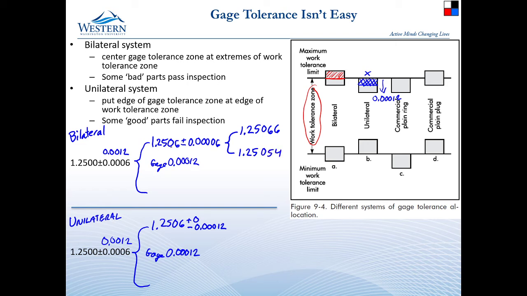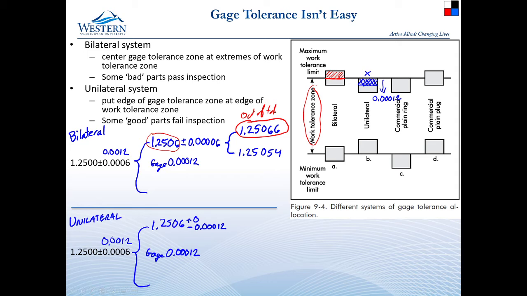So that's 1.2506 minus the 60 millionths. But notice this one, 1.25066, is out. It's a larger number than my tolerance, so this is technically out of tolerance. That means I'm going to be passing some parts down the line that are not in tolerance, and that is a bad thing.